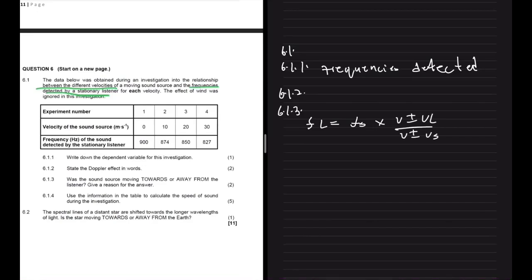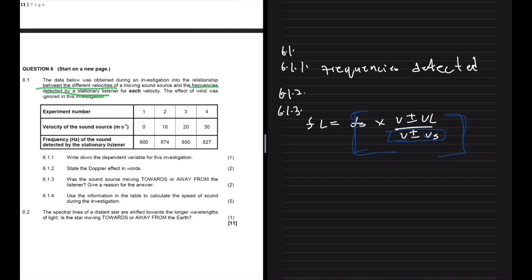If you look at the denominator here, we have plus or minus Vs. If the sound source is moving away, we have a plus on the denominator, so this whole number will go down and the frequency observed will go down. If it's moving towards, you will have a minus on the denominator, so the whole number will go up.